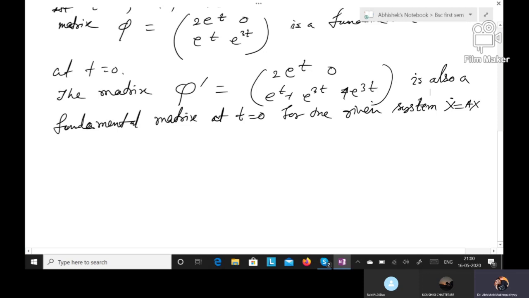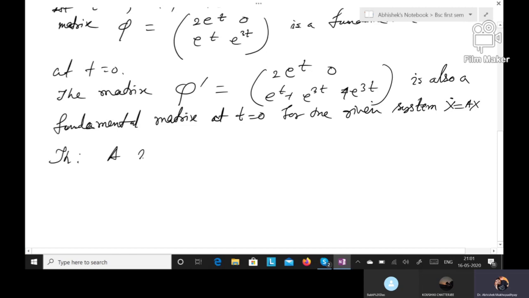When shall we say that this matrix is a fundamental matrix of some system x dot equal to Ax at t0? What is the necessary and sufficient condition which can be imposed on the matrix phi to make it a fundamental matrix of a system x dot equal to Ax at some t0? So this is the next theorem.